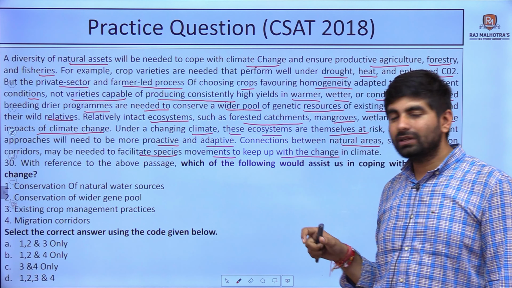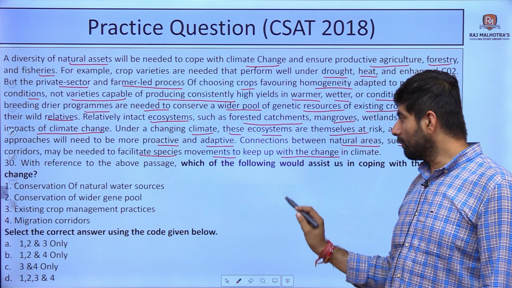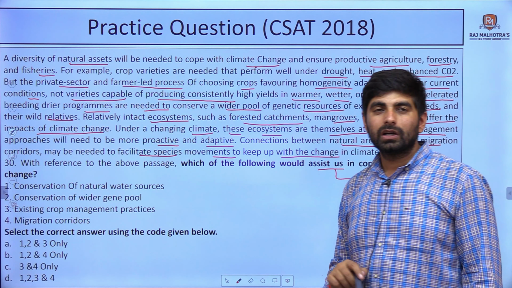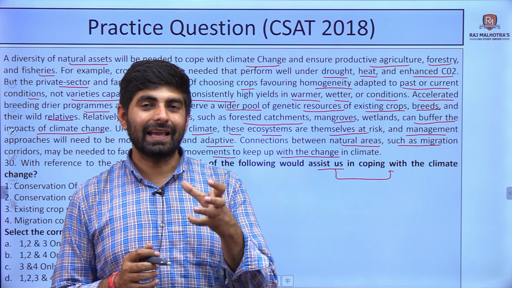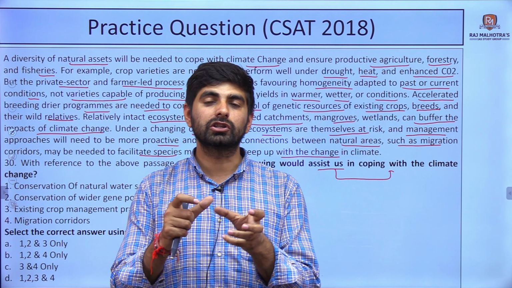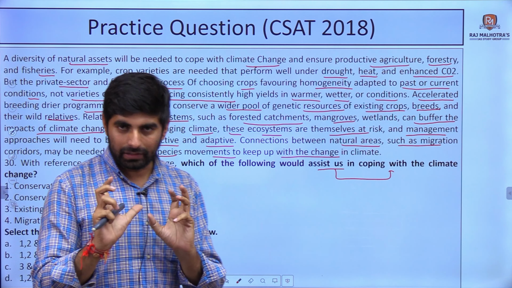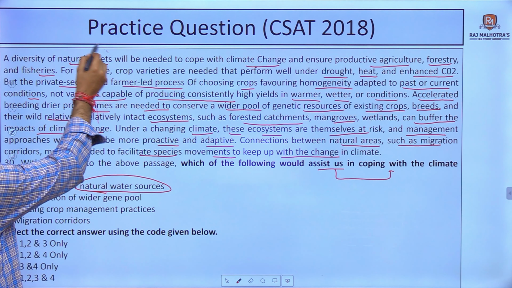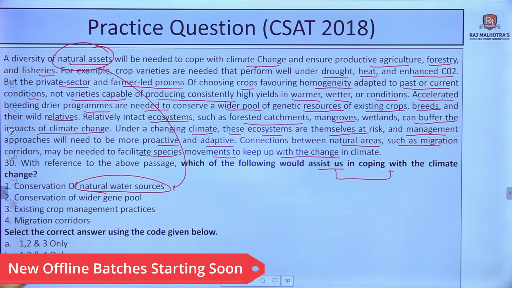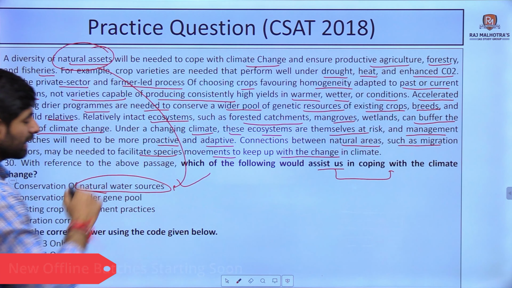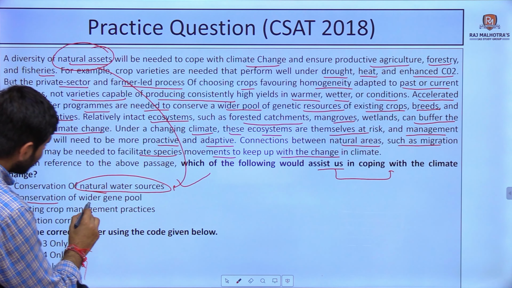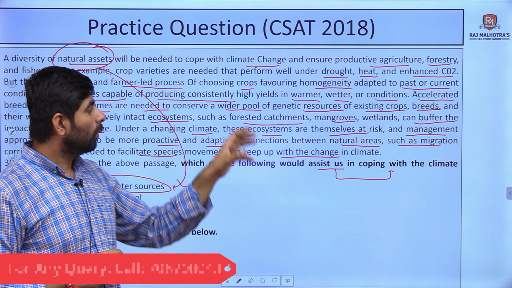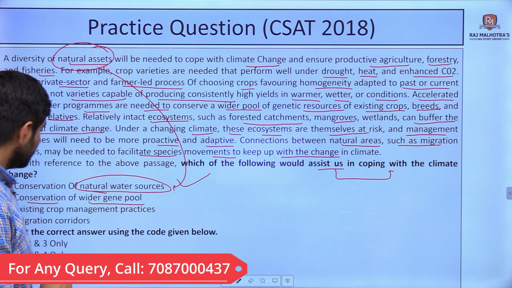So let's look at the question they have given us. With reference to the above passage, which of the following would assist us in coping with climate change? Would assist us, which thing will help us so that we can face climate change? That is what they have asked. The first statement, conservation of natural water resources from natural assets, we can say yes, that will be correct. Clear? So the first option is correct. Conservation of wider gene pool, yes, it was mentioned here, wider pool of genetic resources. Wider pool of genetic resources, yes, this is also correct.